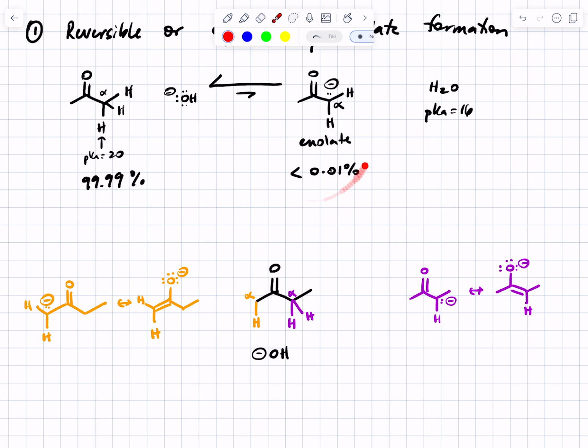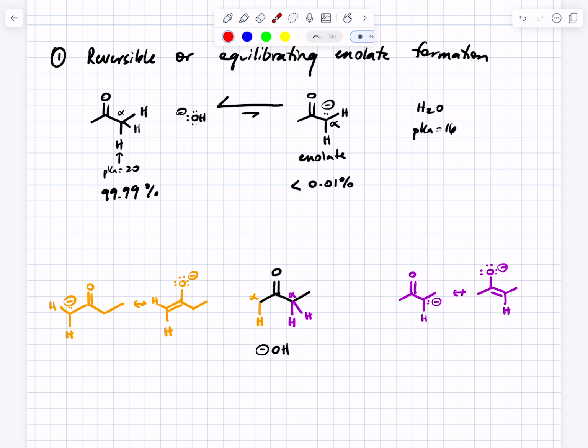If the enolate is present in such a small ratio, what does that tell you about the energy of this enolate relative to these starting materials? Is it higher or lower in energy than the starting materials? Higher, much higher in energy, right? So if we were to draw an energy diagram, we'd have starting materials down here and enolate would be way up here. Right?